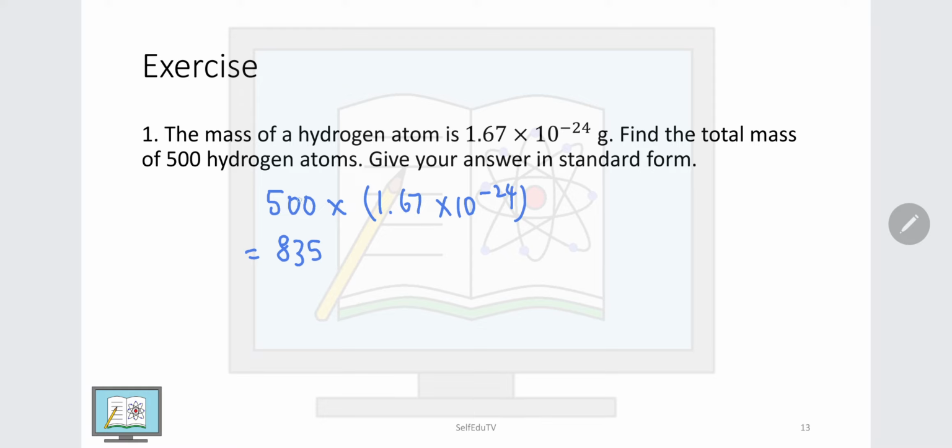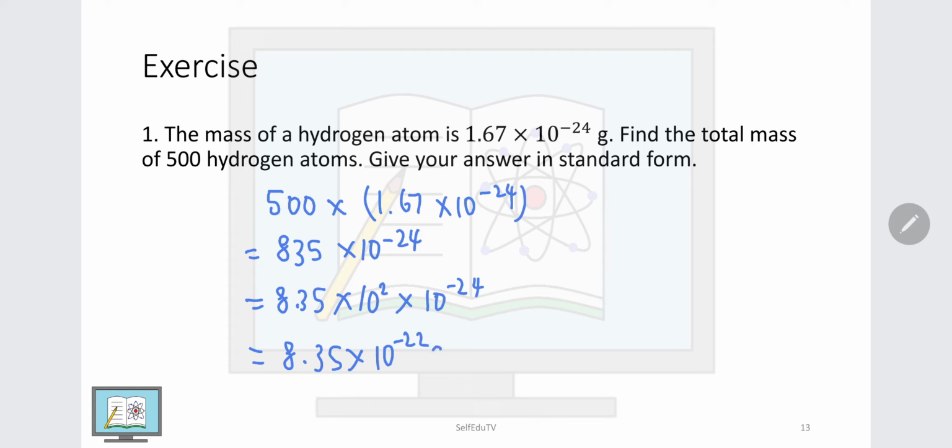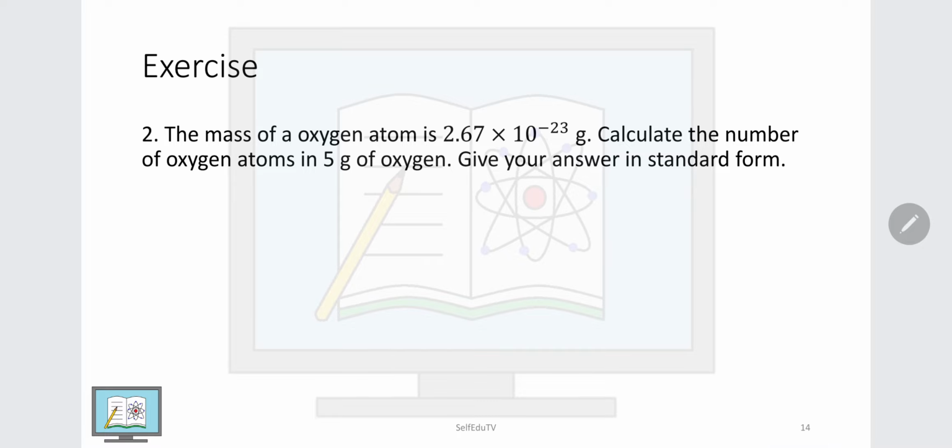So you can just multiply 500 by 1.67. Then you change it to standard form. Okay, next question. You may try.